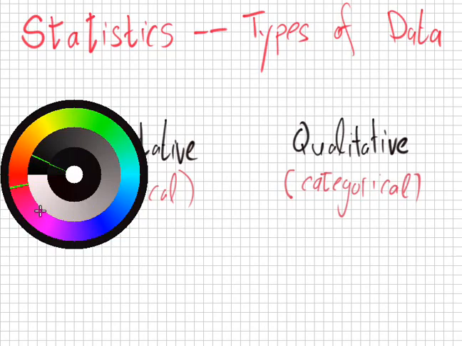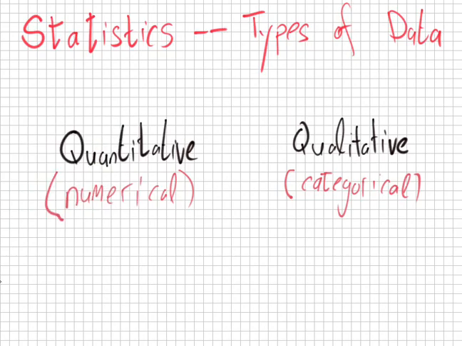Why the difference? Well, I often find, for some reason, at middle and high school level, people tend to use numerical and categorical more, and then at higher level it's quantitative and qualitative, although they're the same thing. Okay, so they're the two main types.